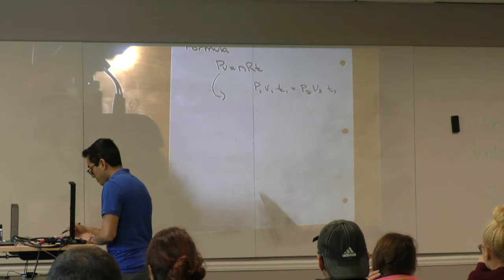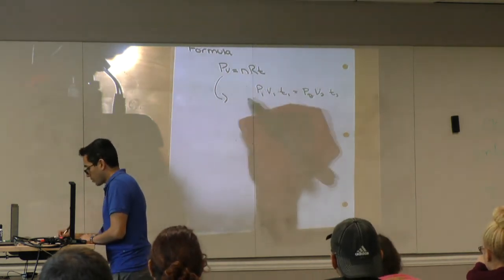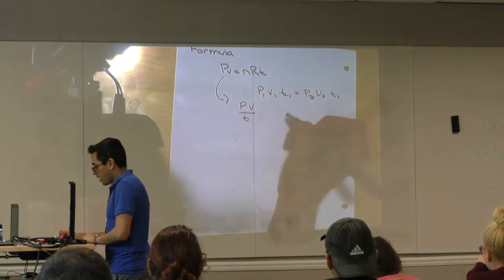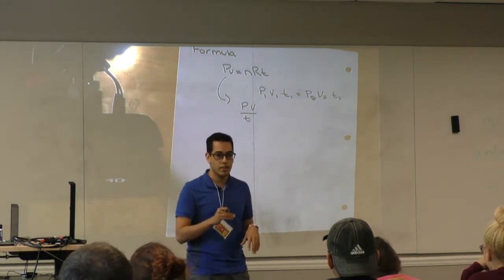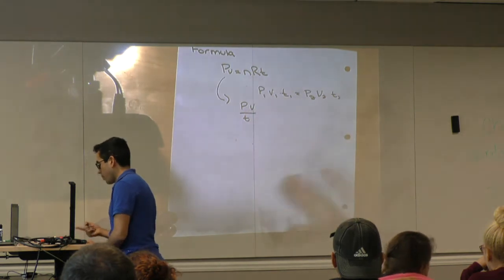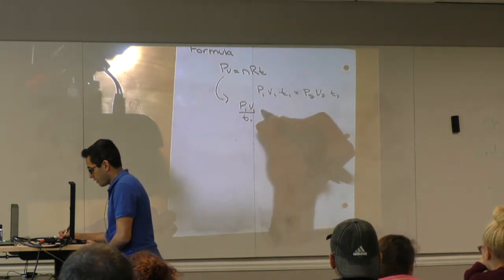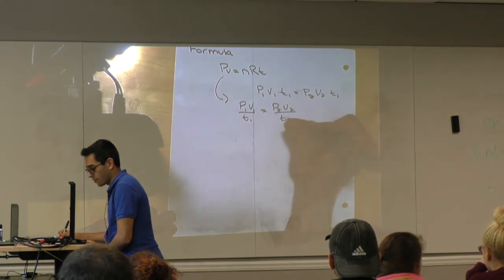Ideally, P and V are already on one side together. We just need T, so we divide: PV divided by T. Once you have all of your variables on one side, throw away the other side. So instead of PV over T equals nR, we add ones and say it's equal to itself: P2V2 over T2.